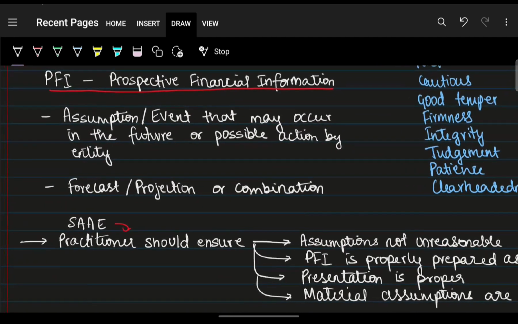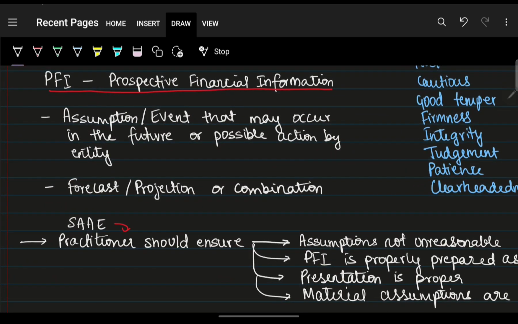Right. Okay. Now, what is prospective financial information over here? Prospective financial information is the assumptions or events that may occur in the future or possible action by the entity. Okay.